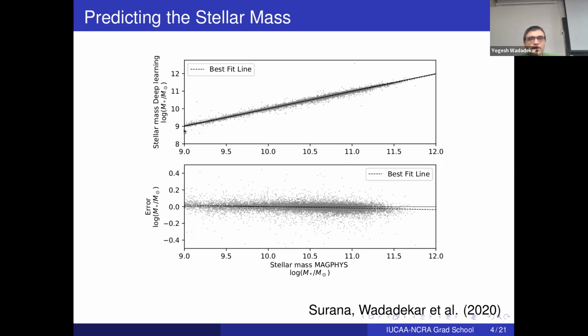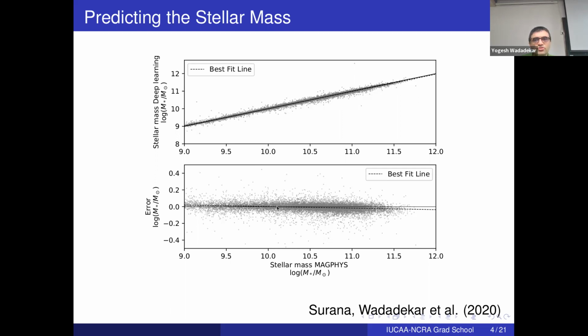What is shown here on the x-axis is the stellar mass that you get from one of the stellar population synthesis codes called MAGPHYS. And on the y-axis, you have the stellar mass as predicted by deep learning. And this is your y equals x line, okay? Very close to it is a dashed line, which is the best fit line to the data.